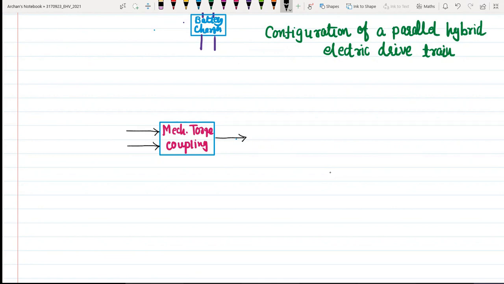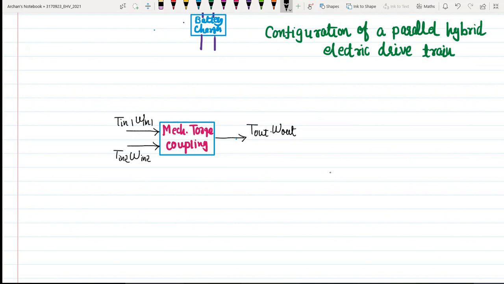Okay. So let us call it first power is T in 1 omega in 1. Okay. Power P is equal to nothing but torque multiplied with the speed. And second power is T in 2 omega in 2, and we are getting some output power T out omega out. Okay. So this is my torque coupling device, right?